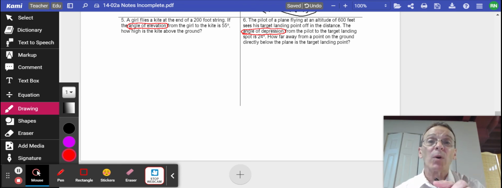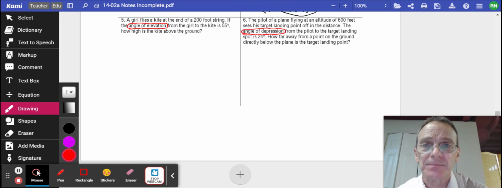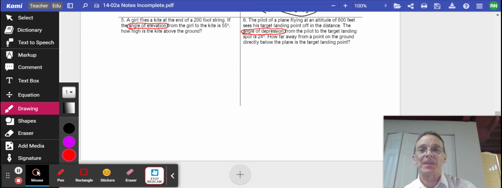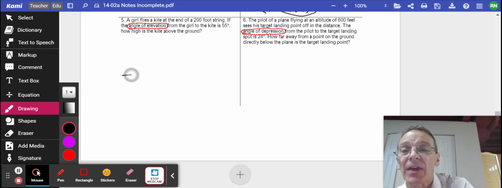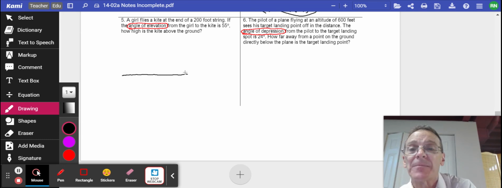They're always an angle where one of the 2 sides of the angle is a horizontal line. Must be a horizontal line. If you don't have a horizontal line in your picture, you don't have an angle of elevation or an angle of depression. So when I see that phrase angle of elevation, I immediately draw a right triangle starting with a horizontal line.